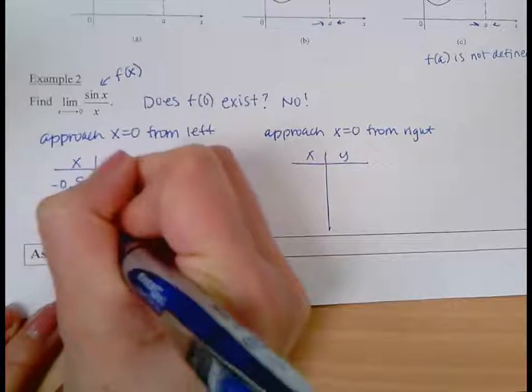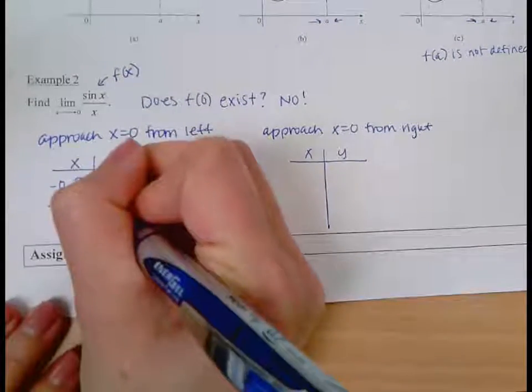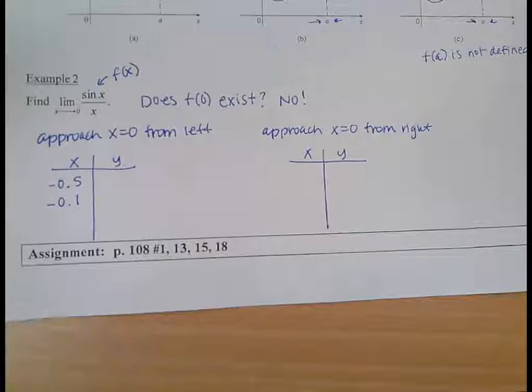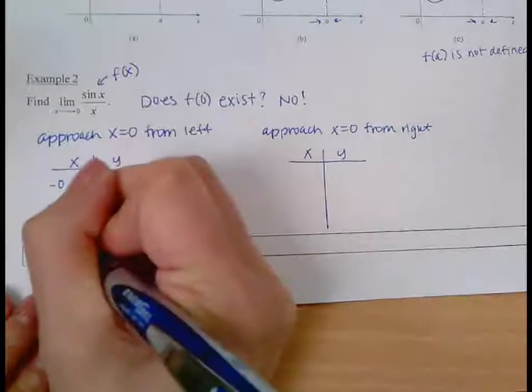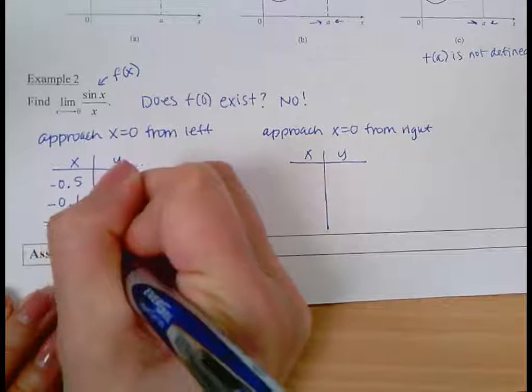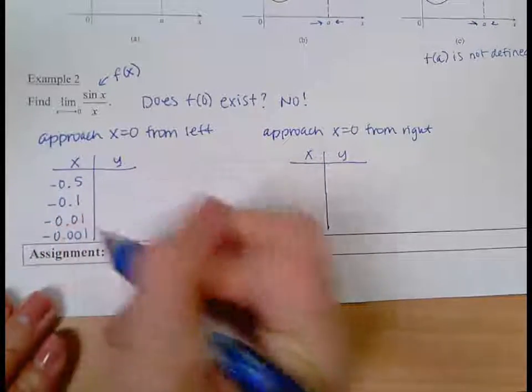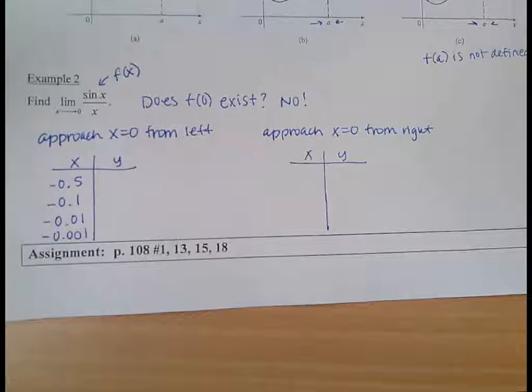These are the typical 4 I do: -0.5, and then I go to 1/10 of a unit away, so -0.1 in this case, and then 100th of a unit away, so -0.01, and then 1,000th away. So kind of thinking too, when we were choosing time intervals for average velocities, kind of those same distances apart.